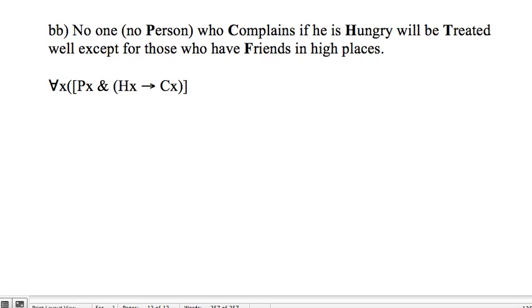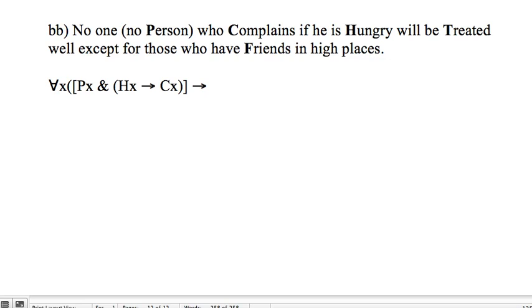Then it says what. Now this is where you really have to bore in and think what the sentence is saying. Suppose you're a person who complains if hungry. What's the sentence saying about you? It's saying you won't be treated well except in the case that you have friends in high places.